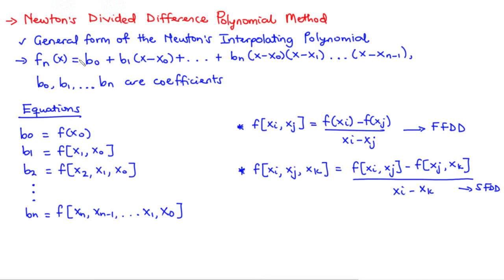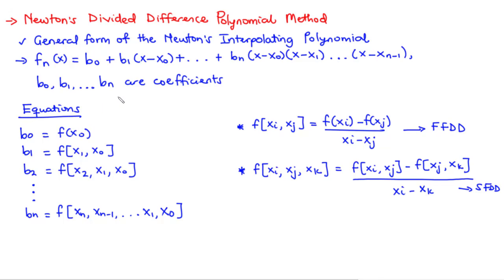So the general form of the Newton's interpolating polynomial is given as fn of x, and that is said to be equal to b0 plus b1 times (x minus x0) plus ... plus bn times (x minus x0) times (x minus x1) ... (x minus xn minus 1), where b0, b1 through to bn are said to be coefficients.